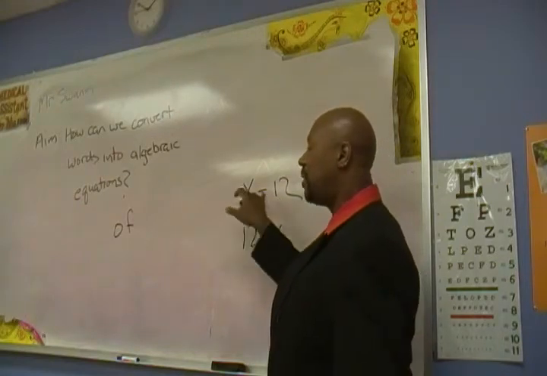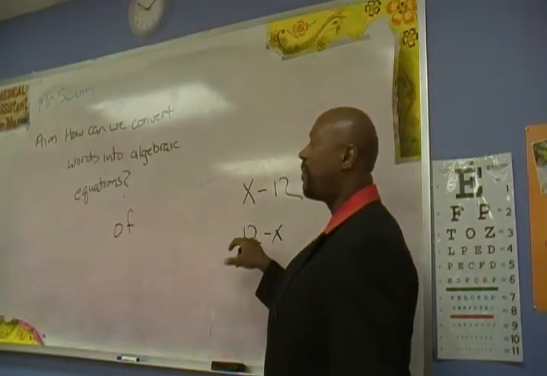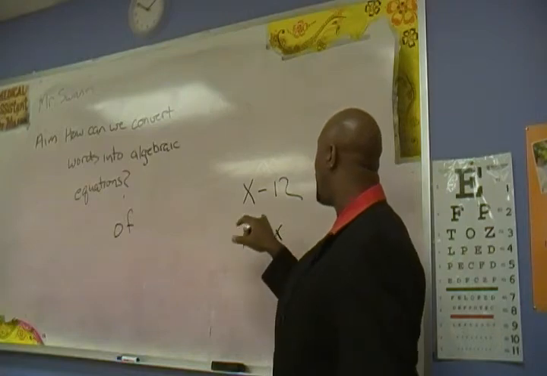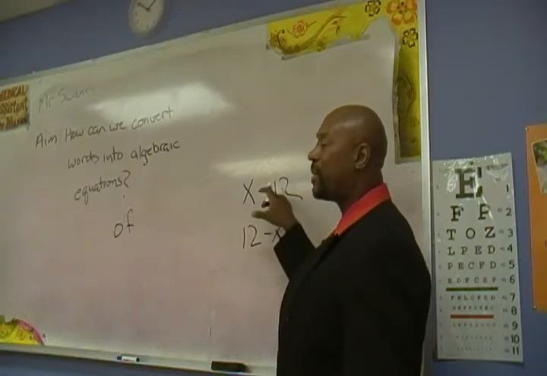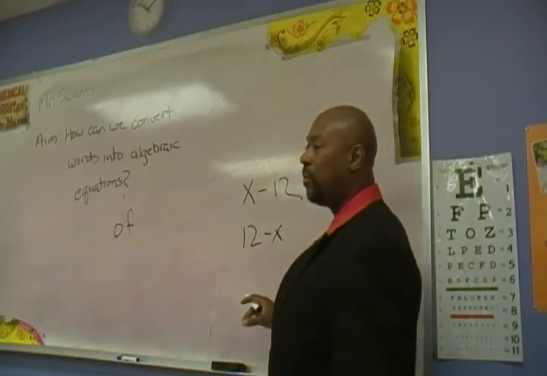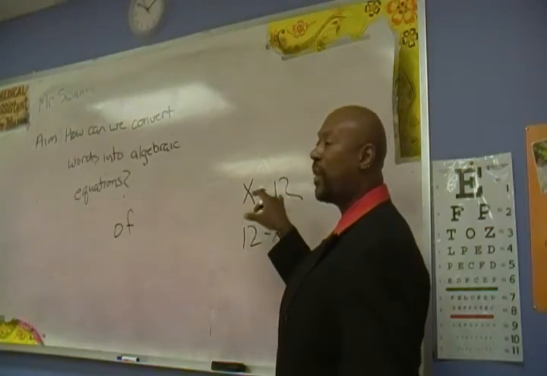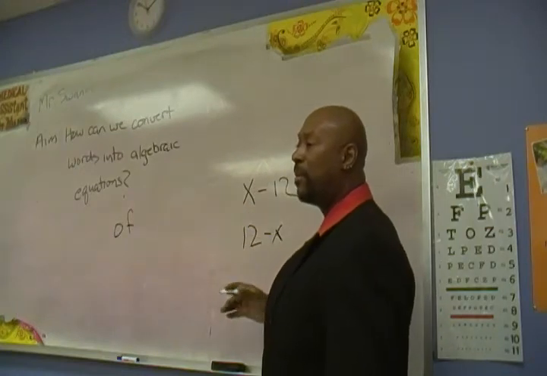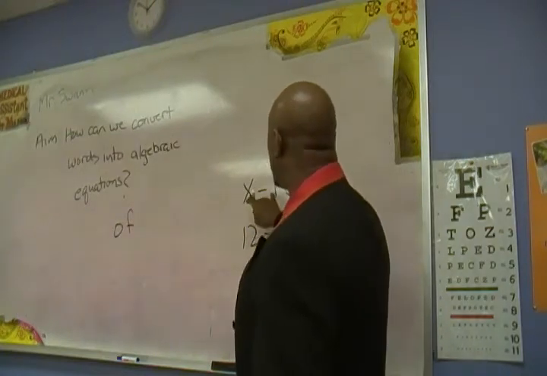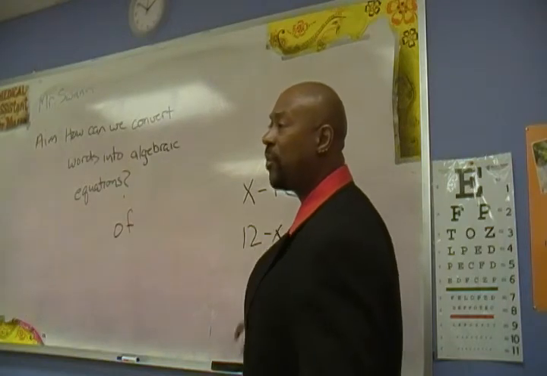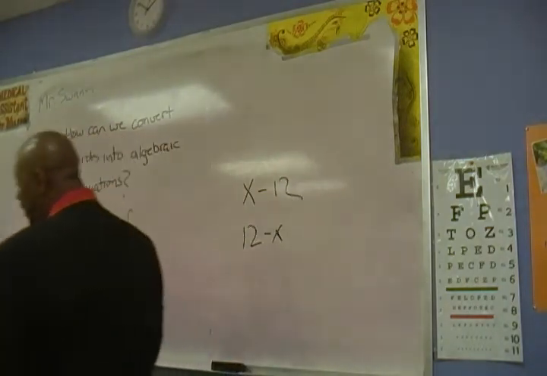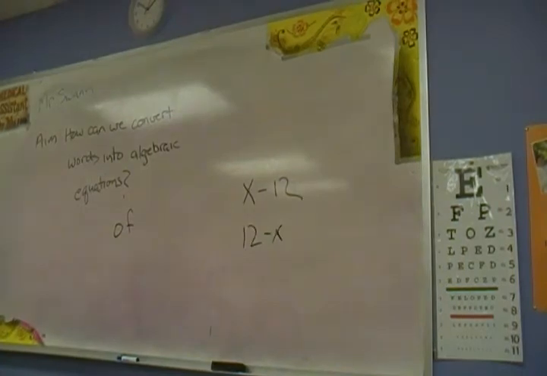And in this one, 12 is decreased by a number. They're kind of two opposite things. One is decreased by 12, the other is decreased by x. But the main thing is whenever you hear decreased, you know the operation is going to be subtraction.